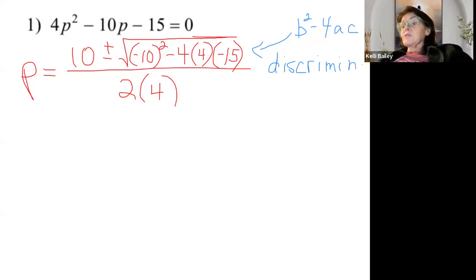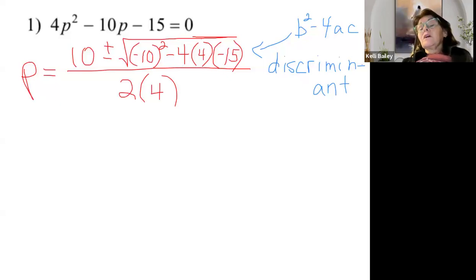Discriminant. It kind of discriminates what kind of answers we're going to have: real answers, rational answers, irrational answers, imaginary answers. Anyway, it's a big deal.